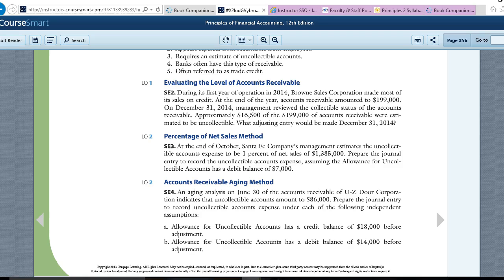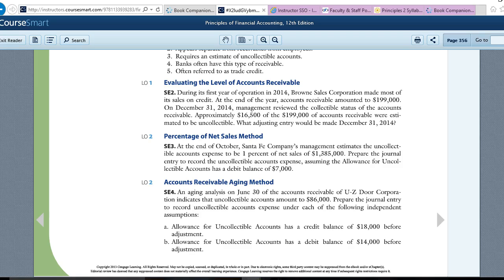Prepare the journal entry to record the uncollectible accounts expense, assuming the allowance for uncollectible accounts has a debit balance of $7,000. So what they're telling us right here is we anticipate 1% of the net sales to be uncollectible.